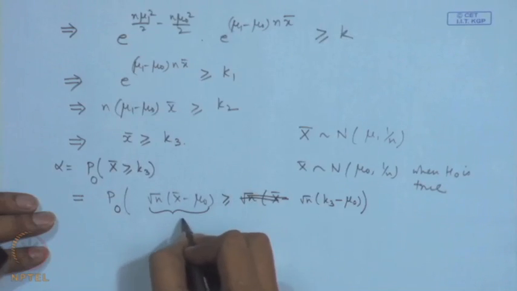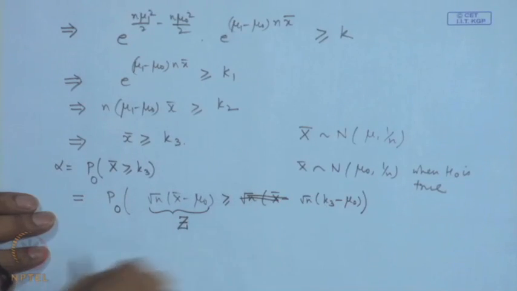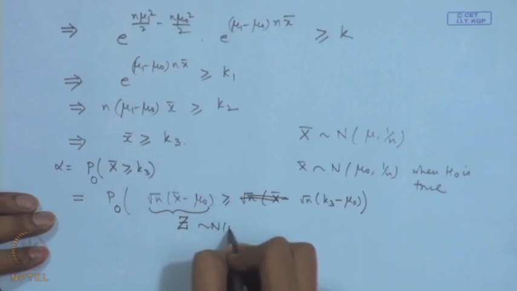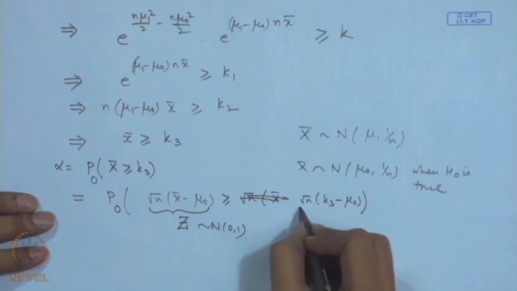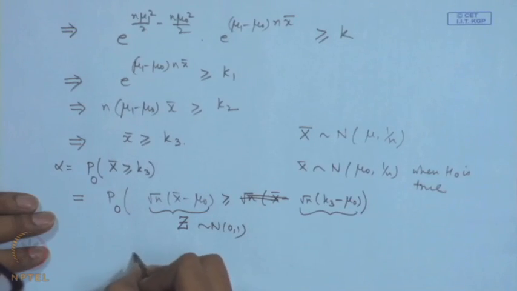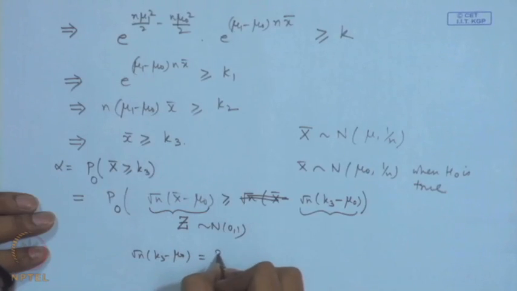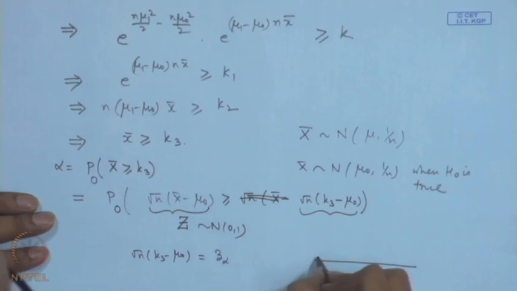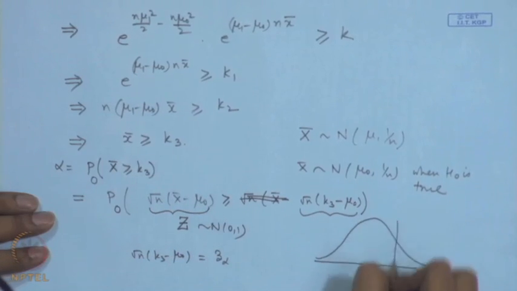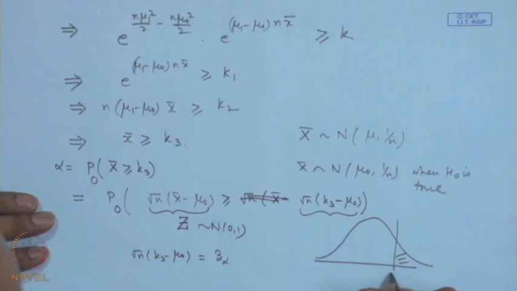When mu is equal to mu naught, this is following a standard normal distribution. So, this value root n k 3 minus mu naught is nothing but z alpha value, where z alpha denotes the upper 100 alpha percent point on the standard normal distribution.